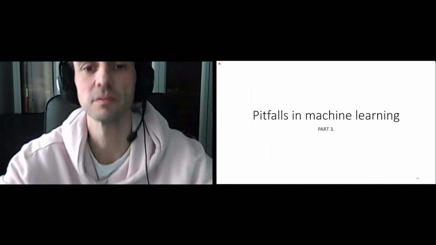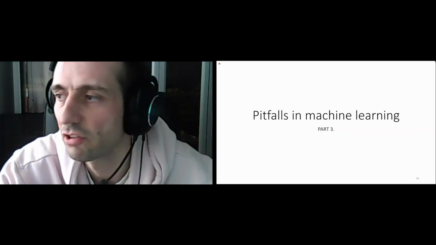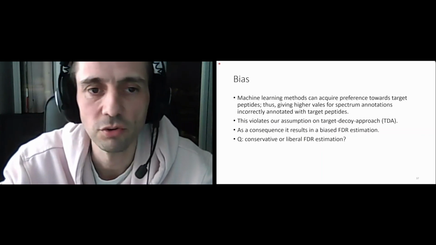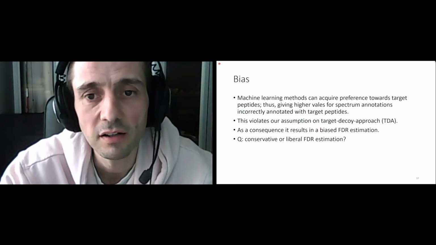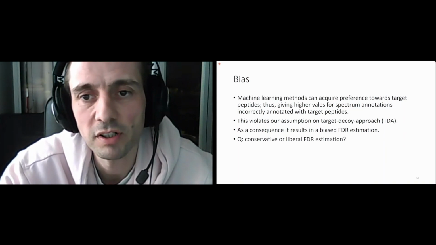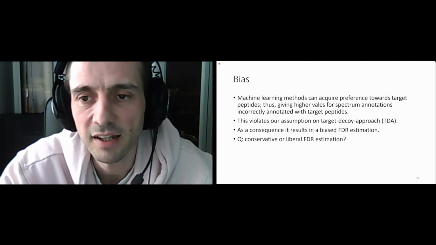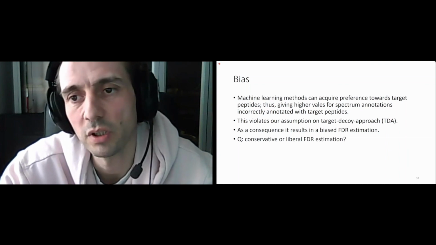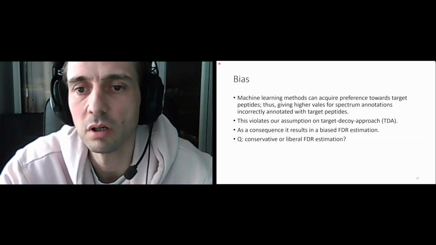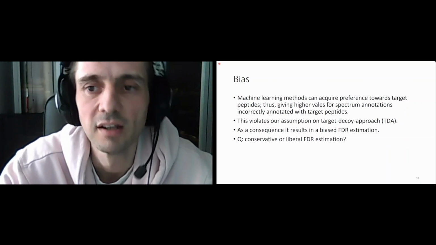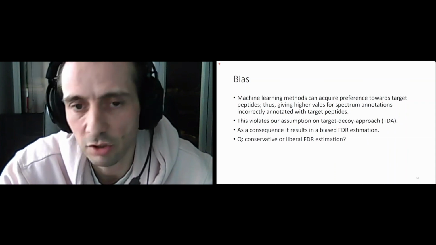Okay, one of the last parts I would like to discuss is the pitfalls in machine learning, and it's related to bias, this machine bias. If you are not careful, then the machine learning model can acquire preference toward target peptides. And then if a spectrum is matched with the target peptides, it will give a little bit higher score for that spectrum annotation compared to when the spectrum is matched with decoy peptides.